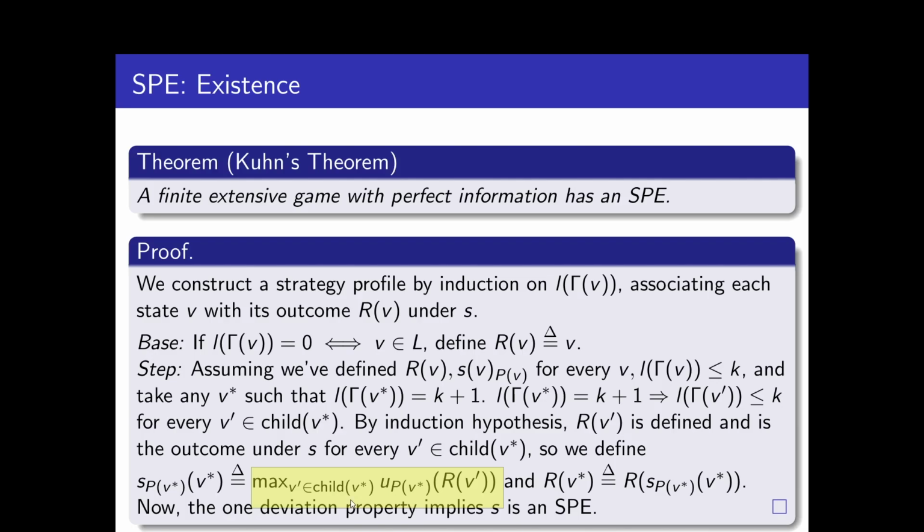So this S of this V star tells where to go, and their R is already defined because the depth is at most K. So that's the outcome which will take place because that's where we go. So the fact that R does what it should do shows the outcome. Simply is true at every point, so you can inductively prove that.